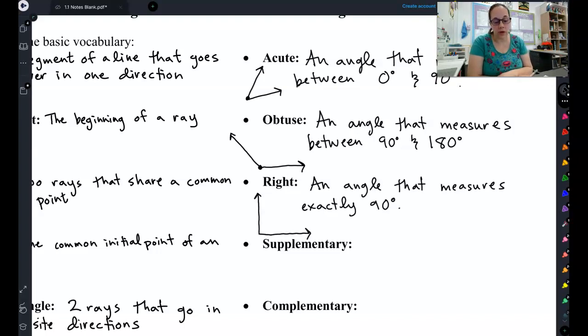That's between 90 and 180. So, anytime we have a right angle, we put a box in the corner to signify that it is exactly 90 degrees. And this is important. If you see a problem in your homework or in our lessons or on your exams and it looks like a right angle, but it doesn't have the box, you cannot assume that it is a right angle. It might be 90.1 degrees instead. So that is why we use that box to signify it.